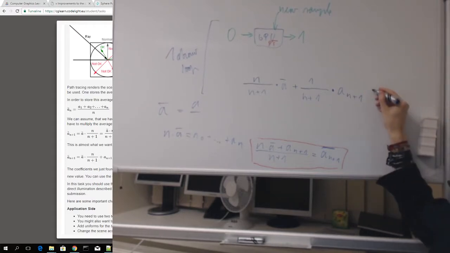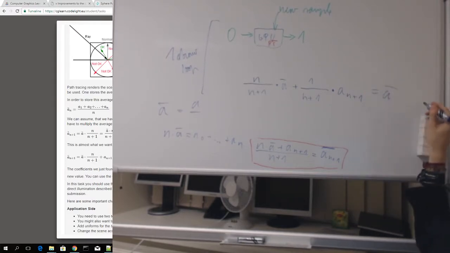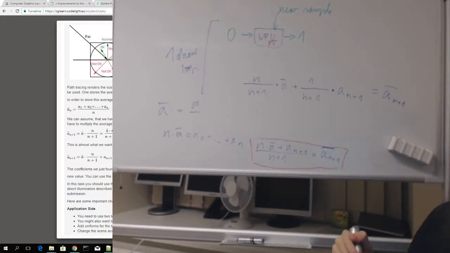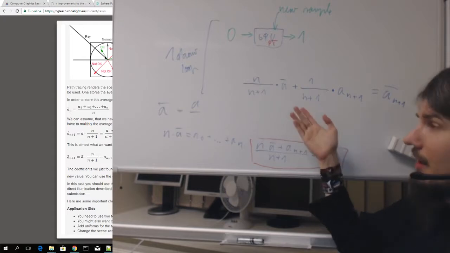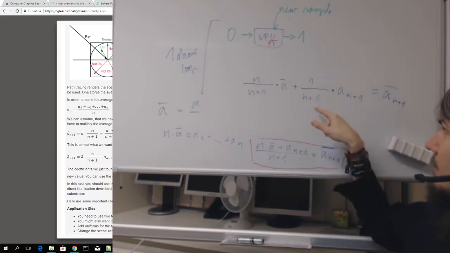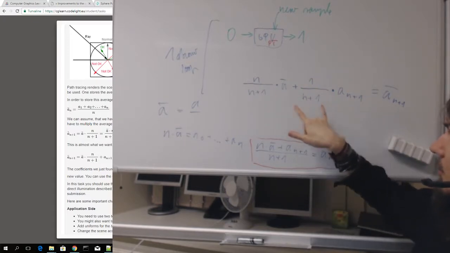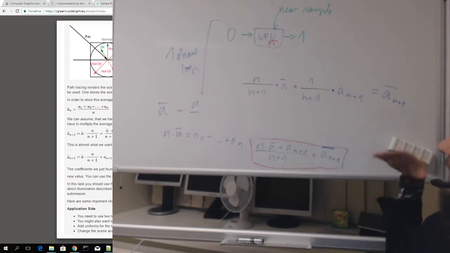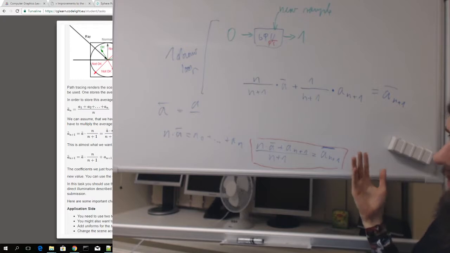This entire thing is the new average with n plus 1 samples. You can see now very clearly how you add a new sample to an already existing average to get a new average with one more sample.